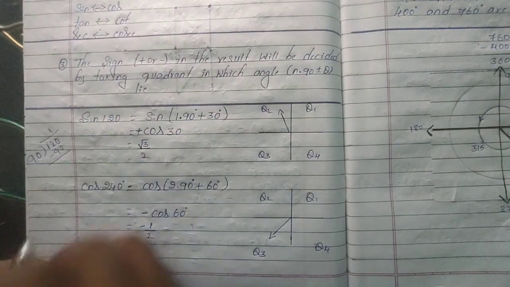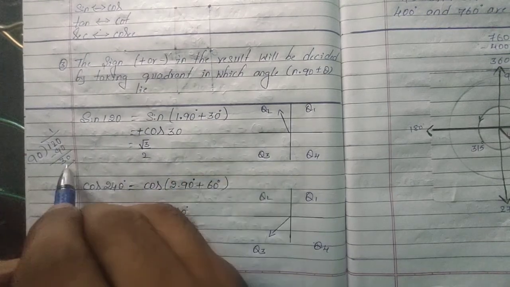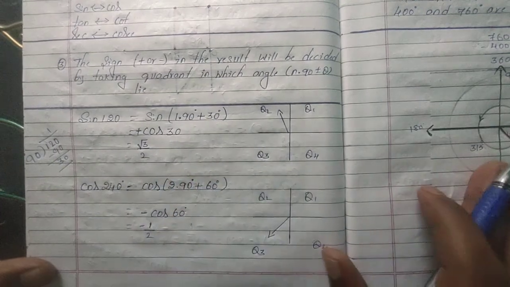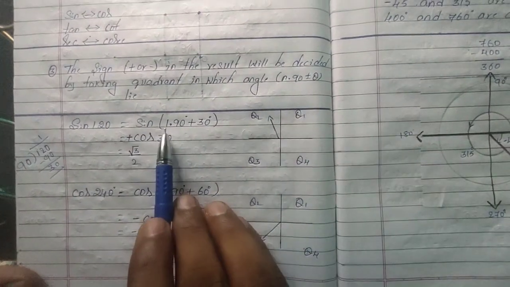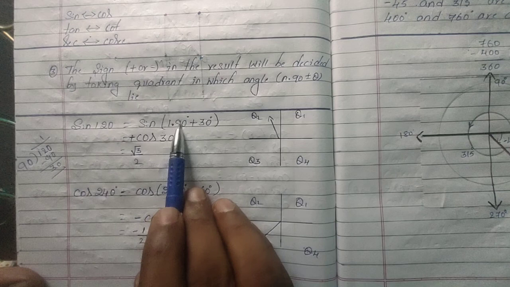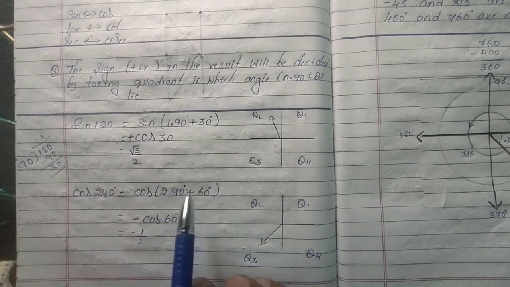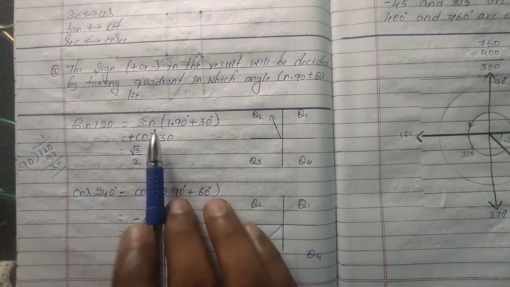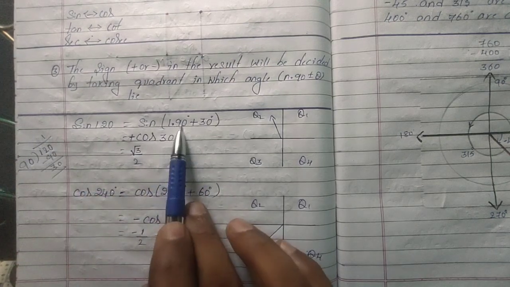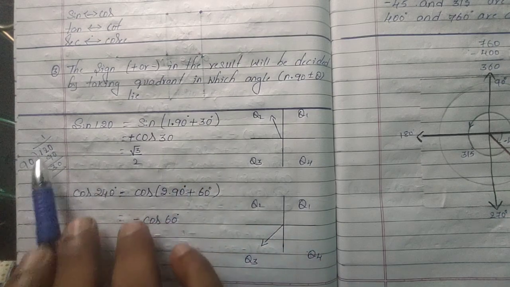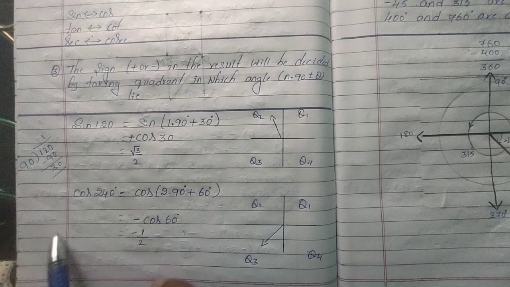What is the remainder? 30. So 1 times 90 plus remainder is nothing but 120. Now it is in the form of n into 90 plus theta. It can be minus also, it can be plus also. So divide 120 by 90, quotient into 90 plus remainder. You will get 120. 90 ones are 90, 90 plus 30 is 120.